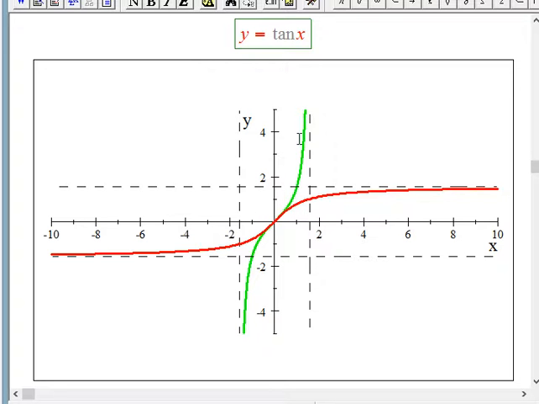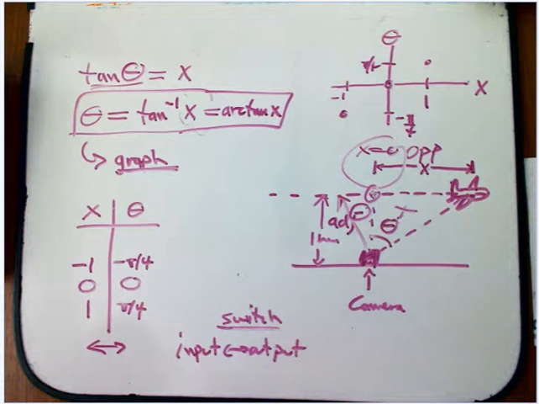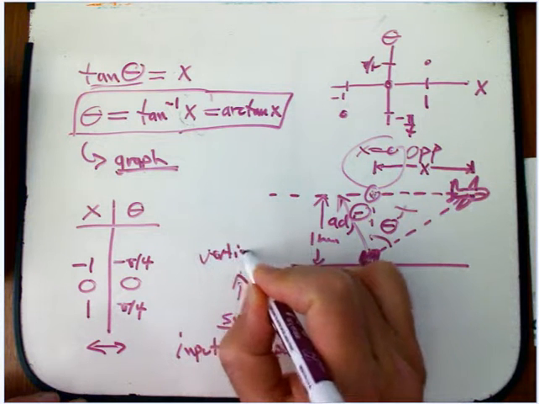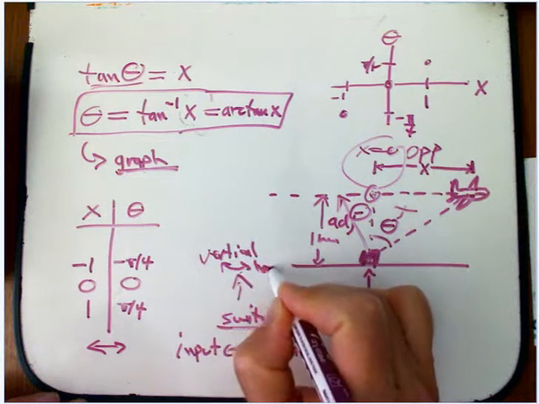One of the things that I like to focus on with inverse functions is looking at the features of the original graph and see how they're mirrored by features of the inverse graph. In particular, when this guy goes really vertical, that's getting really close to a line that's in the y direction. Well, if you switch y with x, that should correspond to something that's going out very close to being horizontal. So that's an important switch. Let me go back to this guy. When we switch input and output, we switch things like vertical with horizontal.